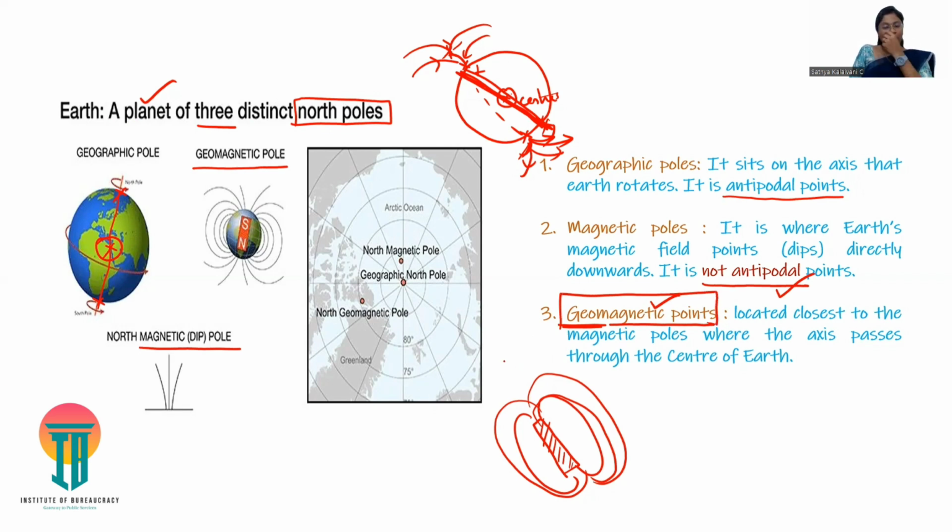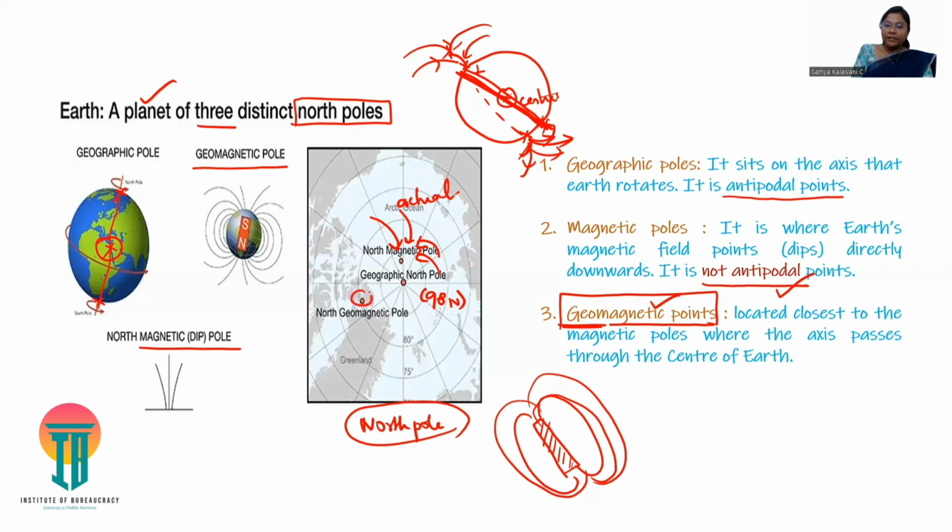So what do we normally note? Geomagnetic poles. If this is the aerial view of your north pole or your Arctic region, I have my geographical north pole. This is 90 degrees north. What is the north magnetic pole? The north magnetic pole is the place where my magnetic field lines converge; that is the actual convergence.